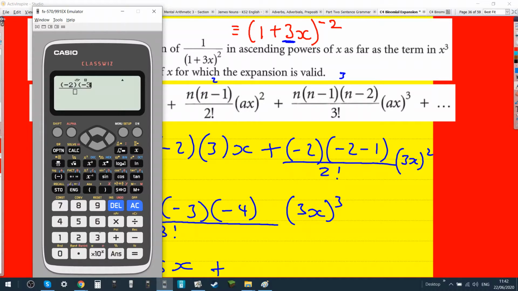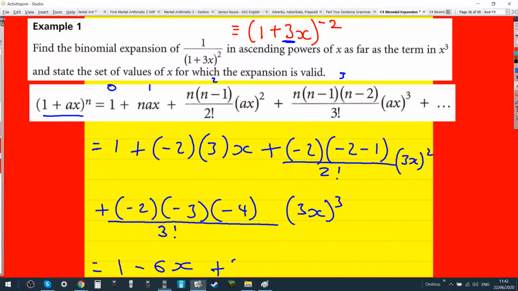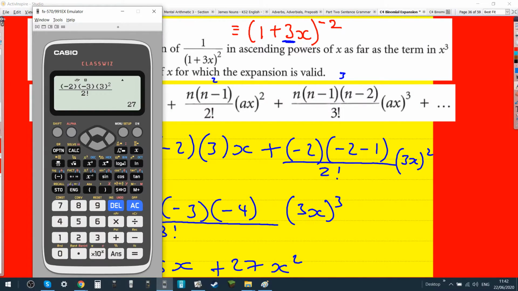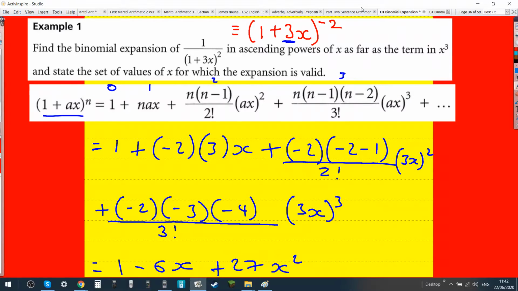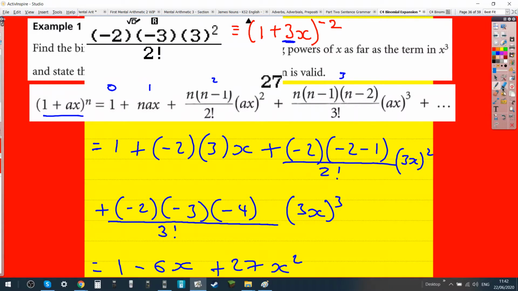So -2, -3, 3 squared all over 2 shift factorial. Let's just put the whole thing in without the x, and you get 27. So that's 27x squared. And so try the last one. I'll put all of that in without the x again.